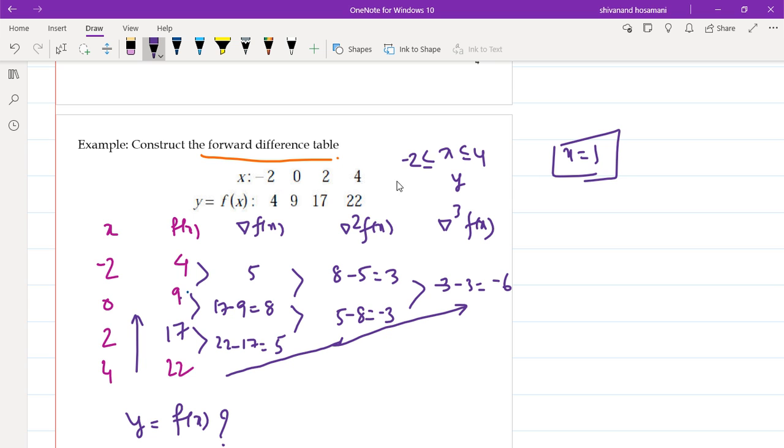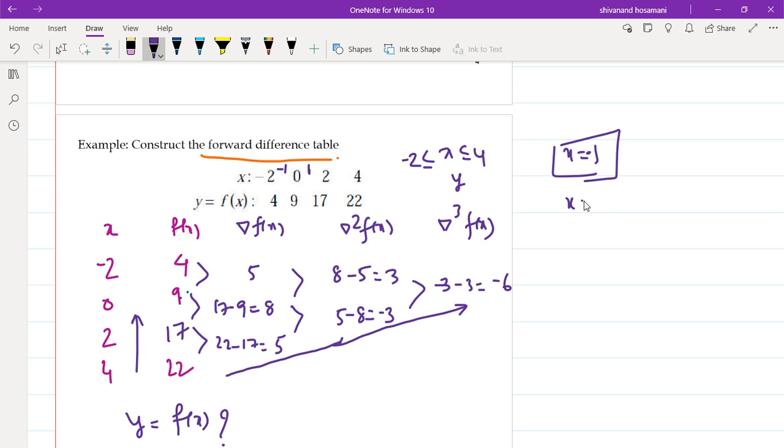So x is equal to 1 lies somewhere here, right? First take x is equal to minus 1. It lies somewhere here, nearer to the first term, therefore we go for the forward difference table. If the value of x at which we find f of x is nearer to the first term, then we go for the forward difference table.